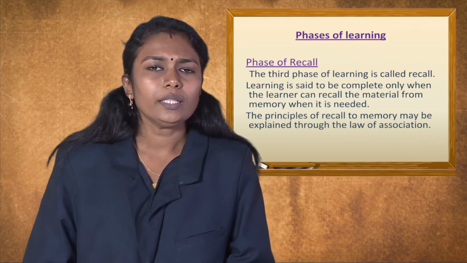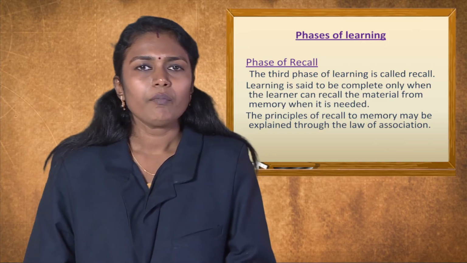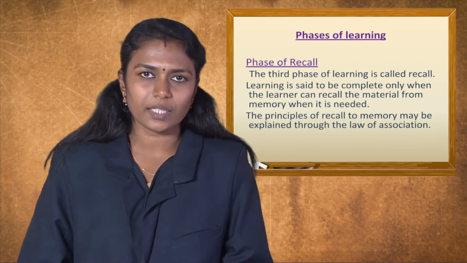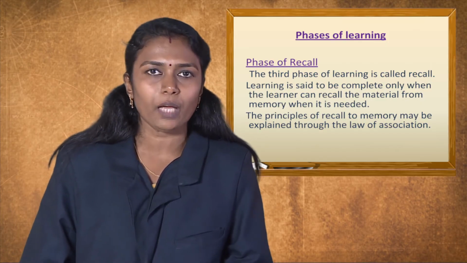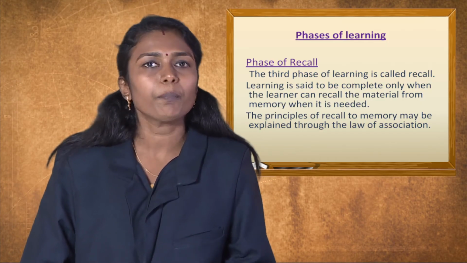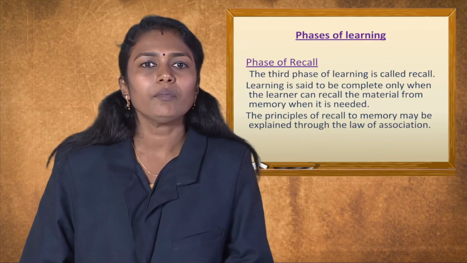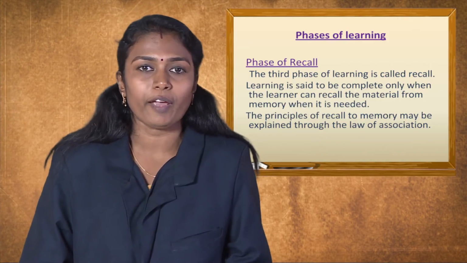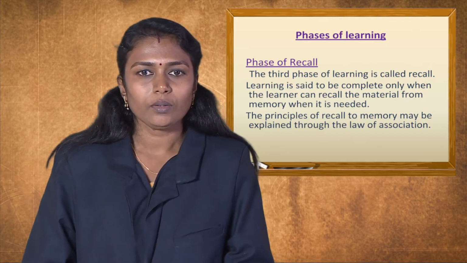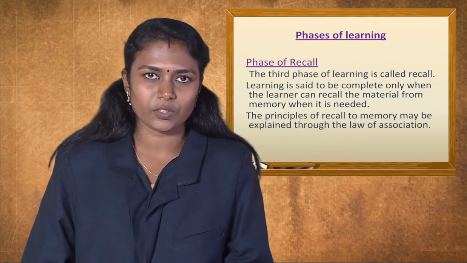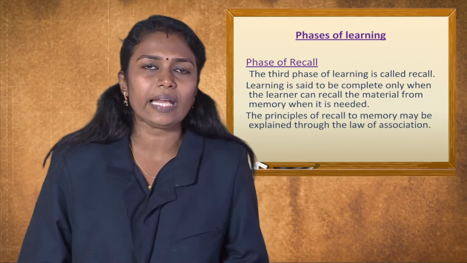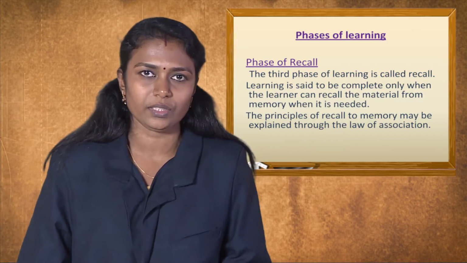So, in the case of learning, whenever knowledge is required, a trainee must be able to recall that from previous knowledge. Then only can we say he has a good phase of recall. So, it is related to the law of association. That means he has to relate things to previous knowledge.